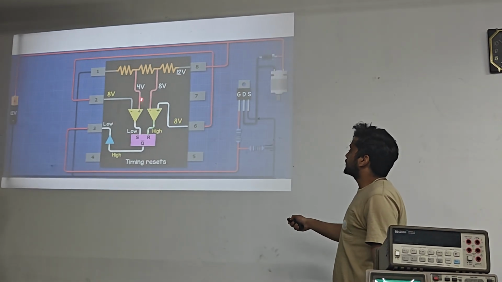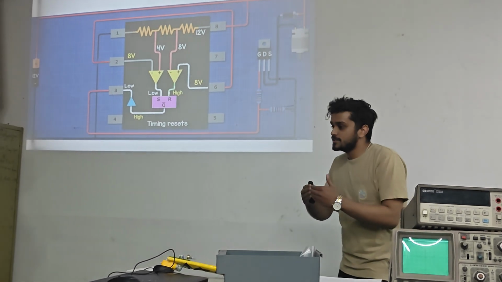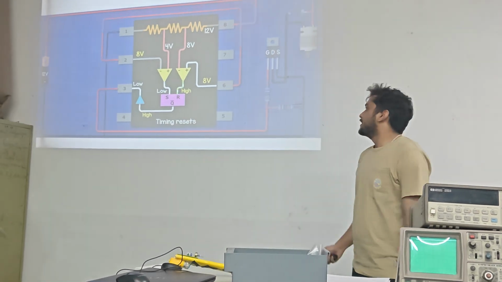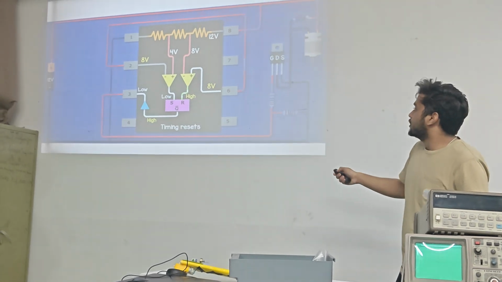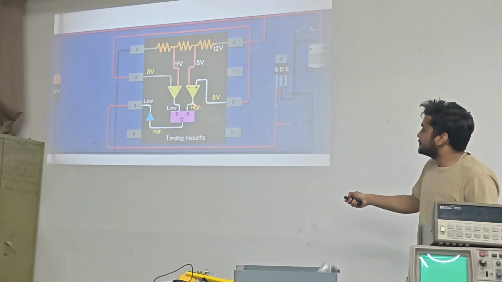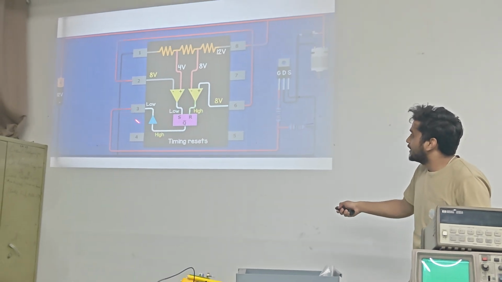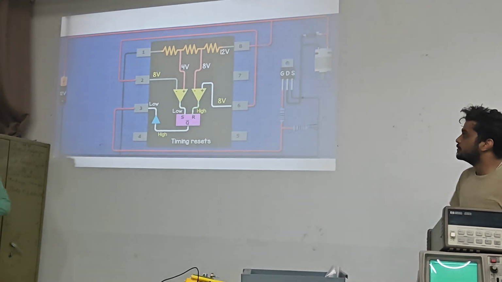And according to the second comparator, the output will be high, because when it reaches 8 volts and starts to increase a little bit, the voltage in the plus terminal will be greater than the 8 volts over here. So the output of the second comparator will be high. Because of that, Q bar will be high, and inverting that, we will get low output in pin number 3. So the MOSFET will be off.